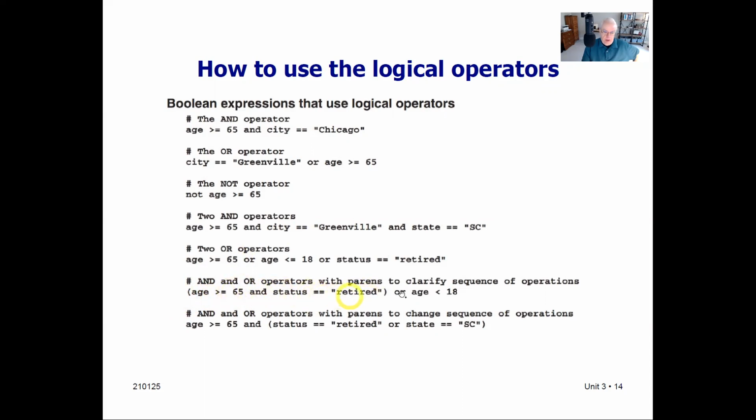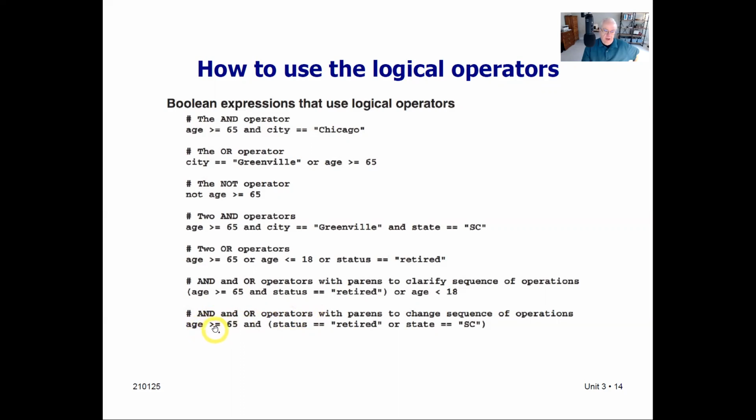That has to evaluate to true, or age has to be less than 18. That could be true. So this whole thing has to be true, or this has to be true. And we can mix and match. We can have an and an or with parens, or change their sequence of operations.